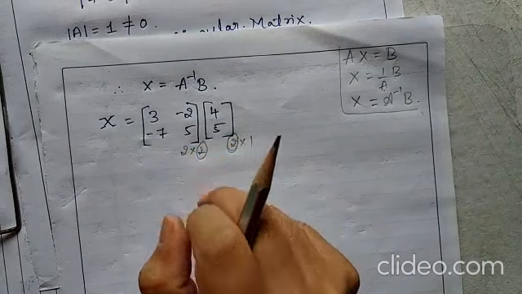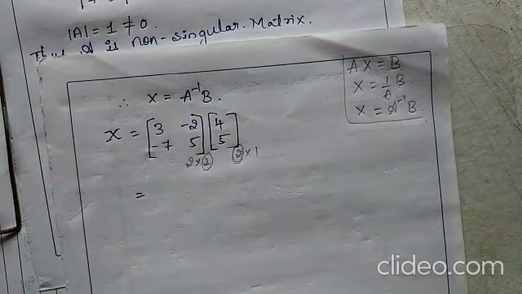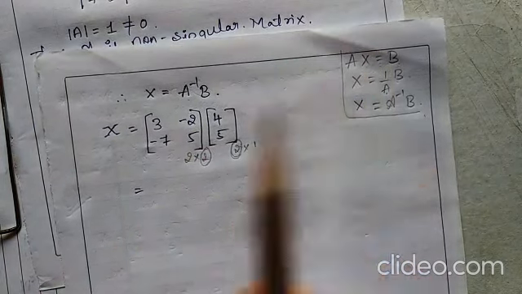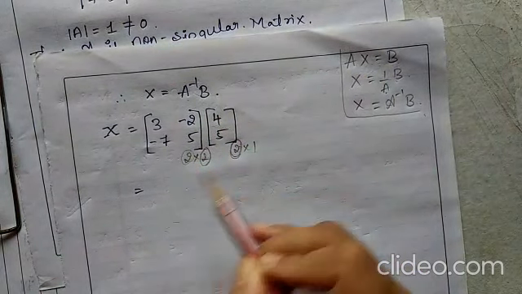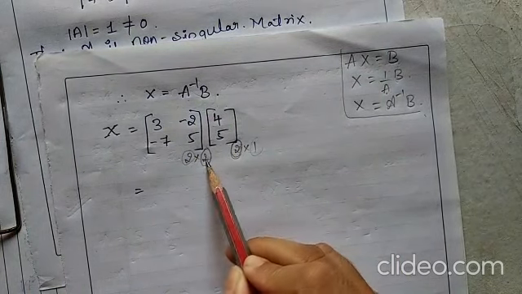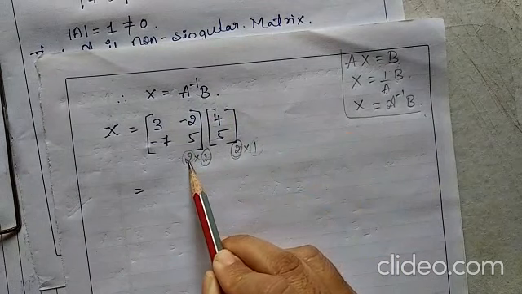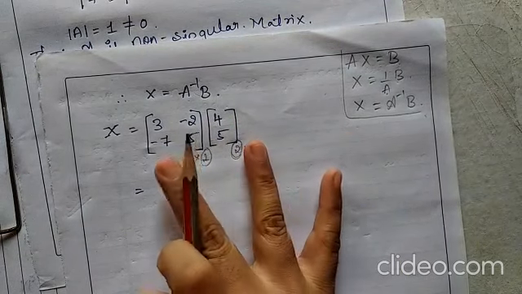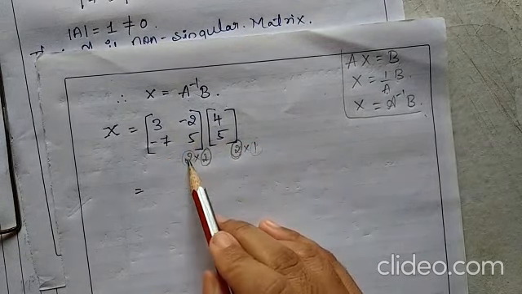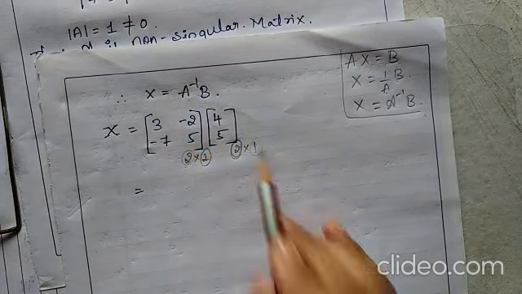While multiplying, remember your answer should be 2 rows and 1 column. These two numbers should be equal, and whatever is left gives the order of the answer, 2 rows and 1 column.